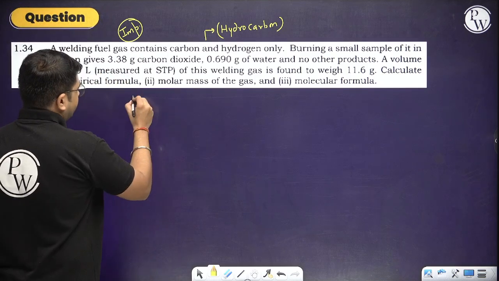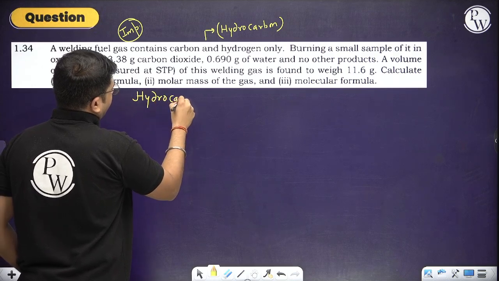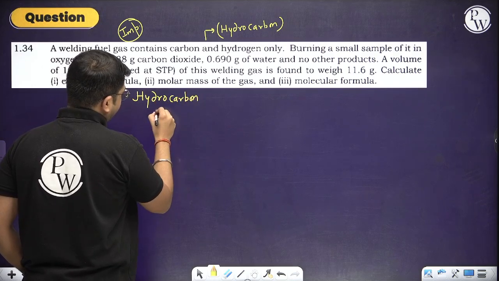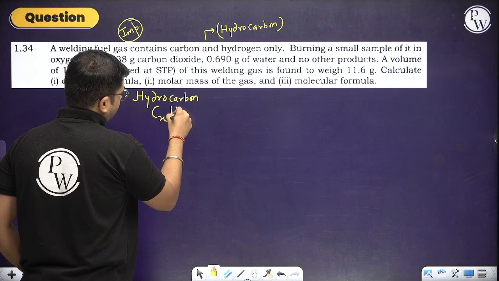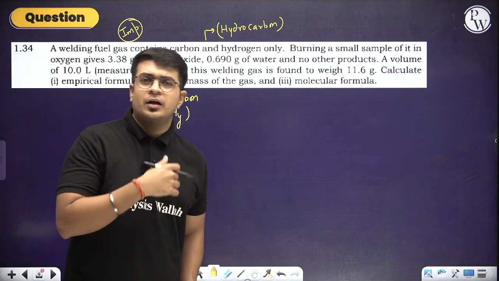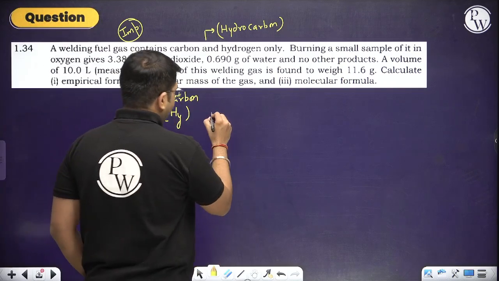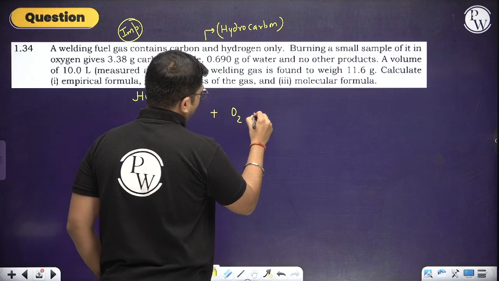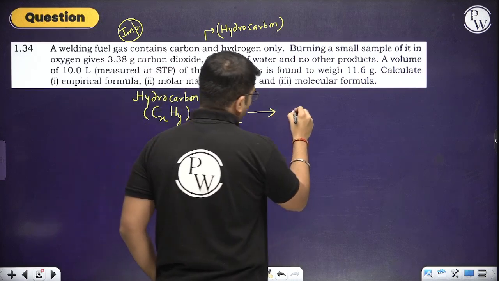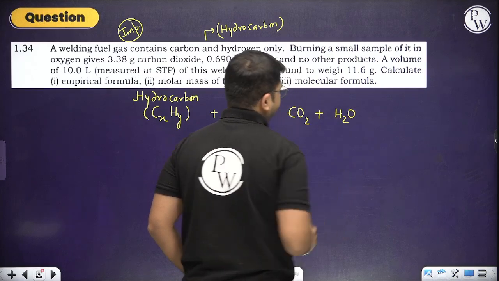So let's say our hydrocarbon in this case, whatever hydrocarbon we are considering, is CxHy, because I don't know the formula, not its empirical formula, not its molecular formula. I don't know anything, but I know one thing: when this hydrocarbon reacts with oxygen, only two products are going to be formed, which is CO2 as well as H2O.